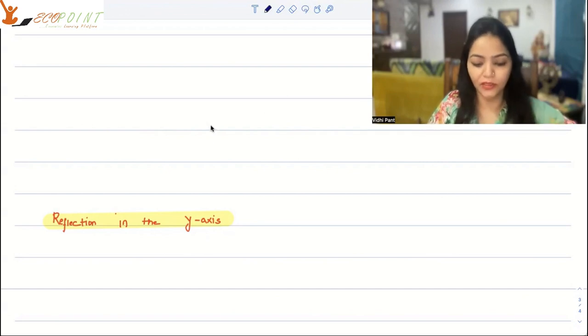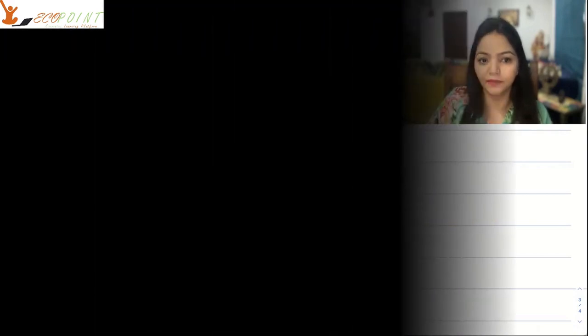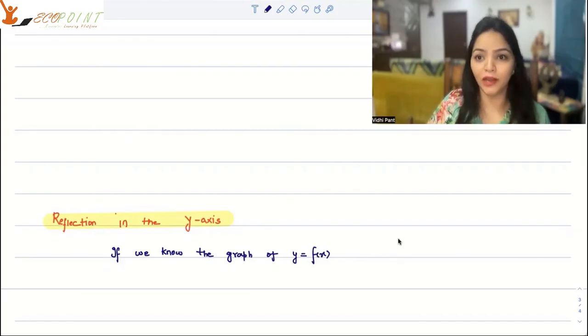Let's figure it out. So here, if we know the graph of y equals to f(x), we can actually generate a graph of y equals to f of minus x.